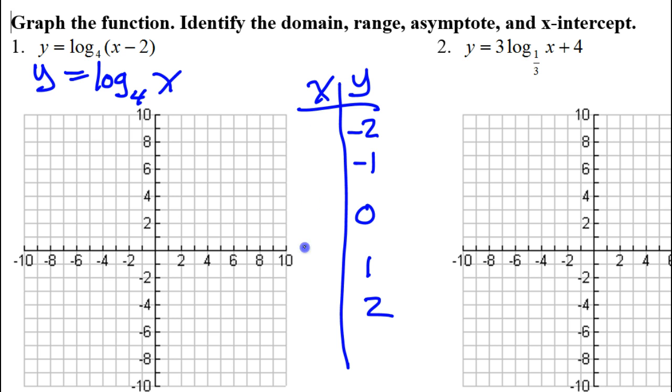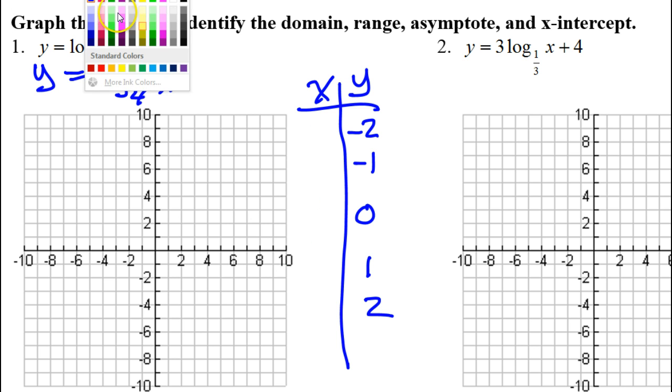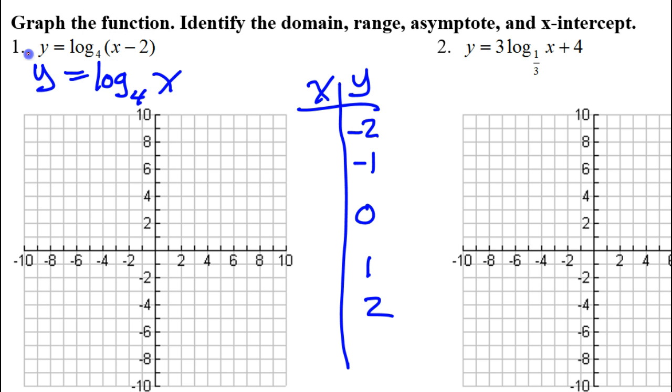Okay, now here's how we get the x values. What we have to do is convert. We have to transform this equation into that other form. This is log form. Remember, we used to be able to switch this to exponent form. And the way we did that was, it was all about the base. We always started with the base.